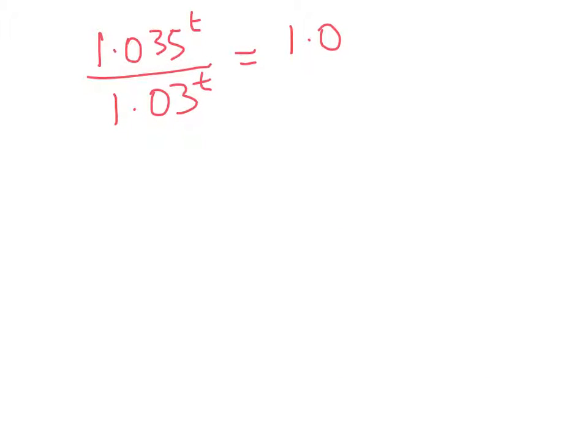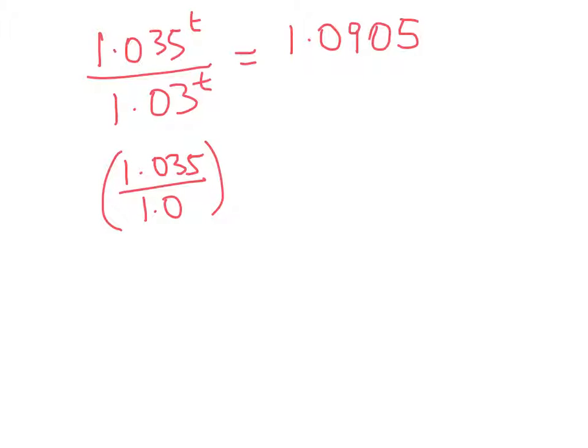Right, so we've got it down to this, 1.035 to the power of t over 1.03 to the power of t equals 1.0905. We can rewrite the left-hand side by noticing that both of those things are to the power of t. I've still got t up in the power and I want to have it down the bottom, so I'm going to take logs of both sides.